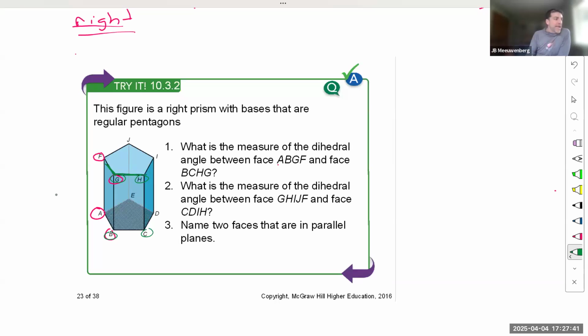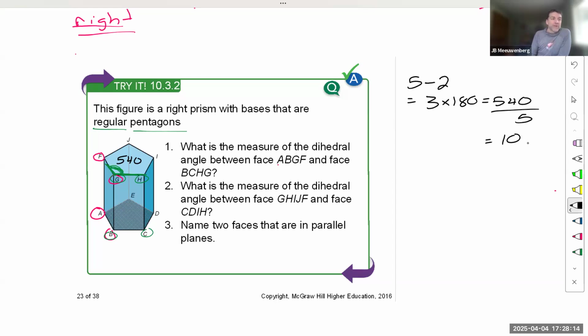It will be the same angle as if we looked from above at that figure. What is that figure? It's a regular pentagon. Do you remember how to find the angle measure of a regular polygon? We take the number of sides, subtract 2, and multiply that by 180 degrees to get the total angle measure of the pentagon, 540, and then divide that by the number of angles. That was 108 degrees. We actually looked at that one in a previous video.